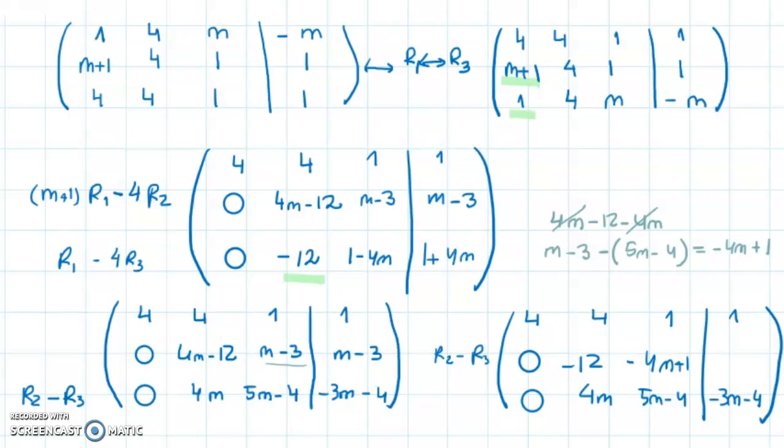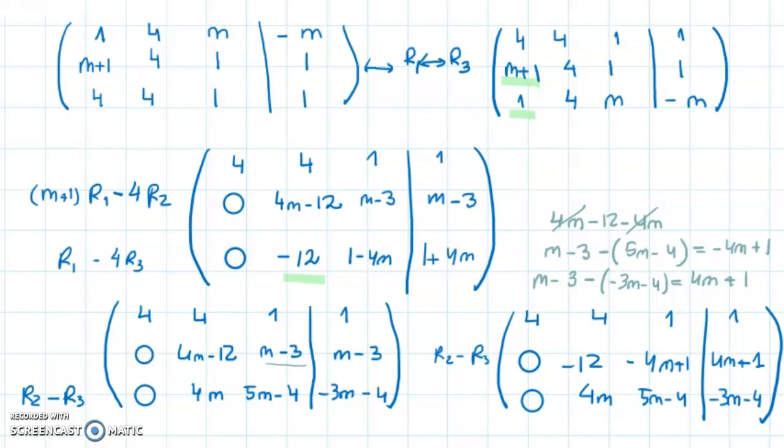For the last entry, we have the m minus 3 minus the last entry of the last row, so minus 3m minus 4. For the m's, we have m plus 3m, so 4m. And for the constant, we have minus 3 plus 4, so plus 1, so 4m plus 1 for the last entry.